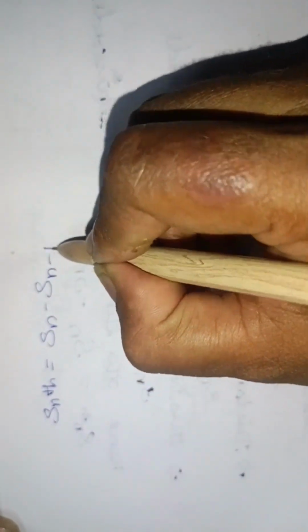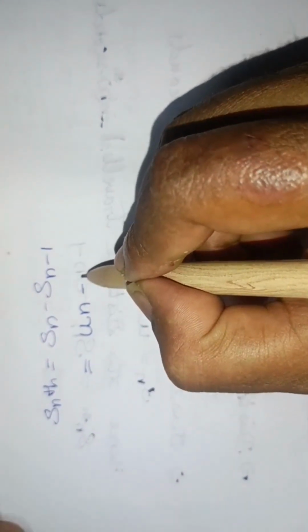Now we will go with the derivation part. We will substitute the values there and write the equation again for better understanding. So S nth equals S of n minus S of n minus 1. What is S of n?